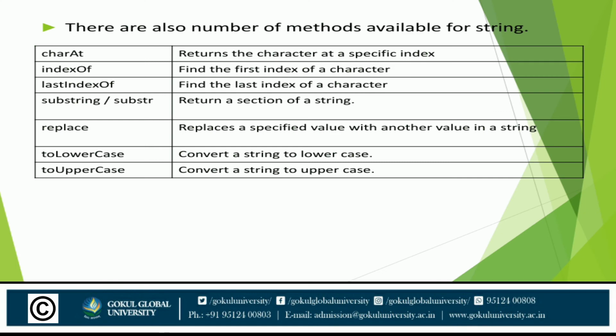In JS, there are also a number of methods available for string. First, charAt, returns the character at the specific index. Index of, first index of the character. Last index of, find the last index of a character.